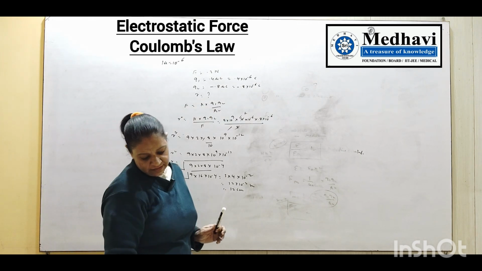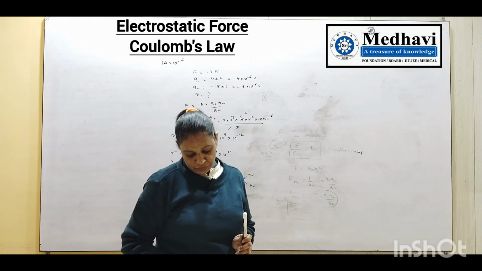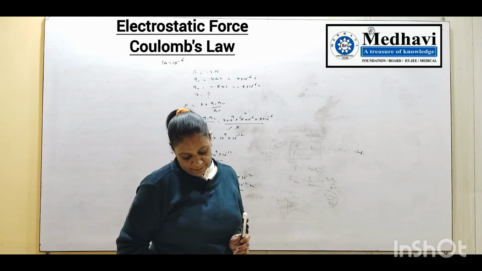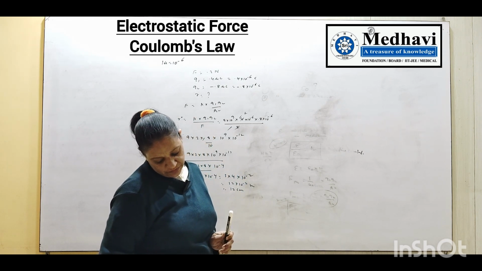The question is given that four charges QA, QB, QC and QD are located at the corners of a square of side 10 centimeter.